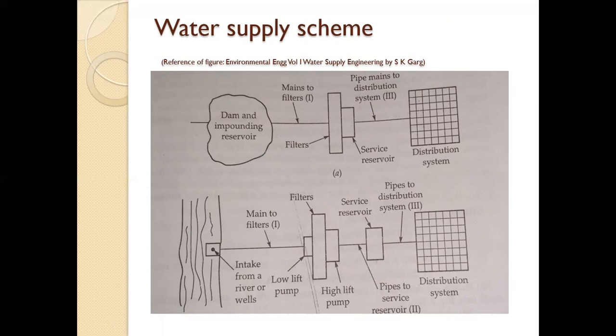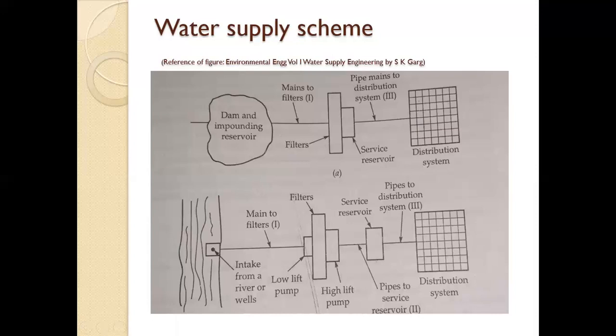Filtration is the slow sand and rapid sand filter, just to remove any fine particles that were not removed by the chemical coagulation process. So after this filtration and the chlorination, at these two points chlorination is done, then the water is safely distributed to each and every user.